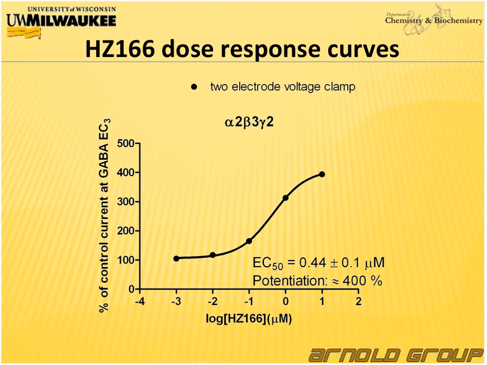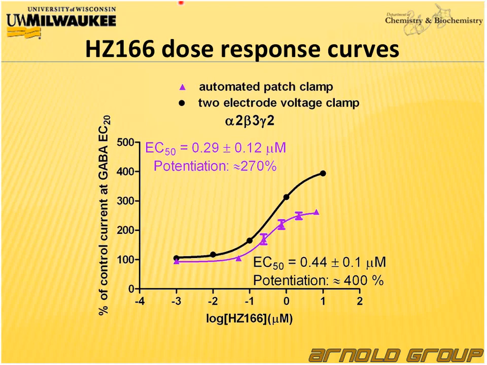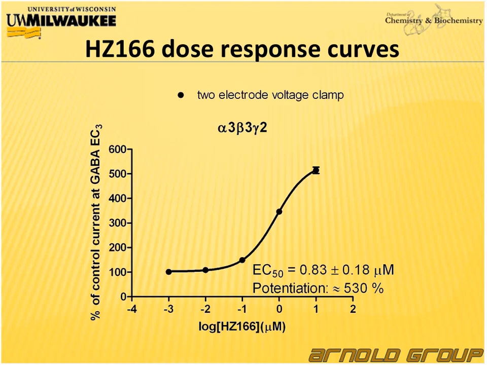For the alpha 2 containing GABA-A receptor, we find an EC50 in the manual assay of 0.44 micromolar and a potentiation of 400%. And we see a similar trend with our automated assay, although the potentiation is not as big as seen for the manual patch clamp assay.